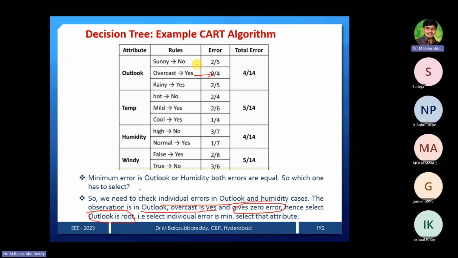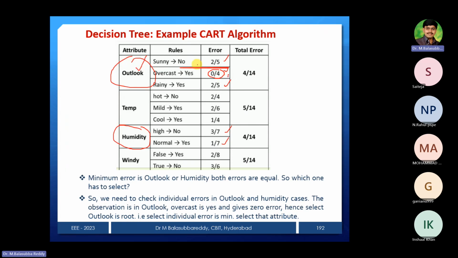So now we can observe, if both are the same, how to select the root node. This one as well as this one, both are the same. But now individual errors you calculate: 2 by 5, 0 by 4, 2 by 5. Similarly, 3 by 7, 1 by 7. Among these, this may be the minimum error. That's why you select overcast as your root node.